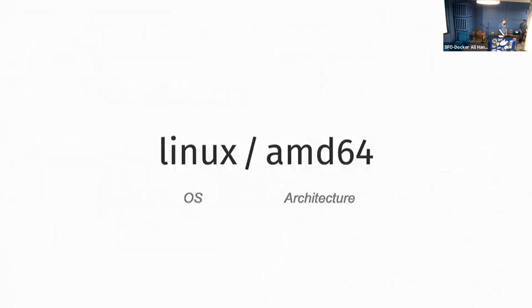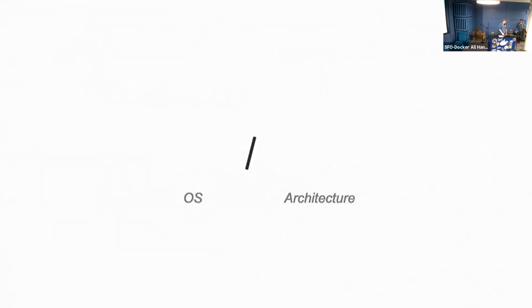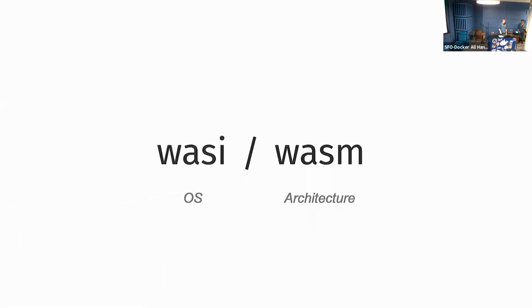So if we look at what it is for Wasm, Wasm is pretty clearly an architecture. Before WASI, we were really lacking something to put in the OS. So now we can just put WASI in the same place that we would normally use Linux or Windows, because WASI is really the thing that provides this syscall interface and is the API layer that the application is targeting.